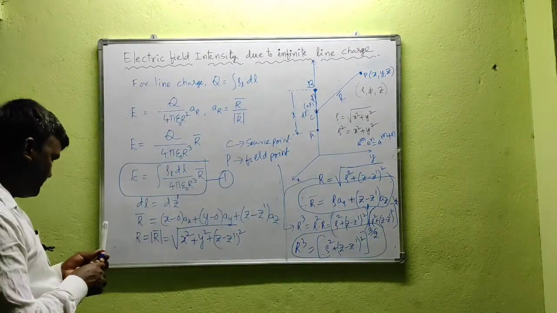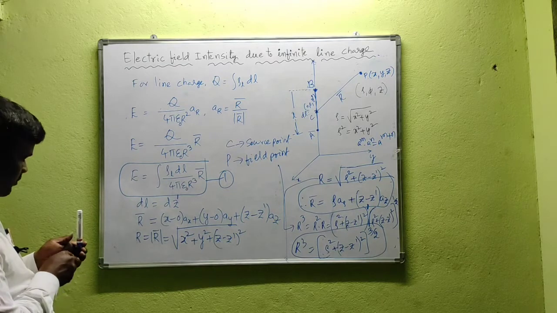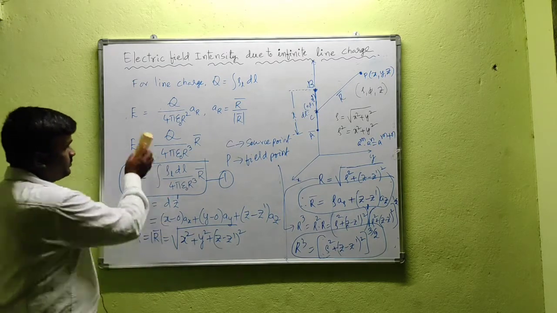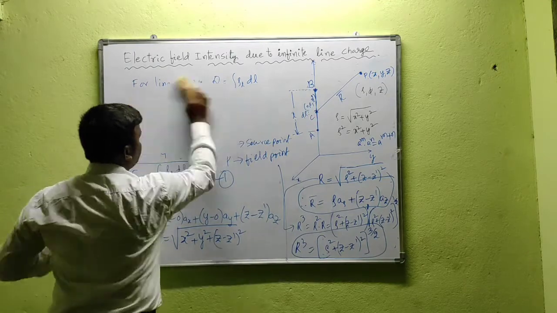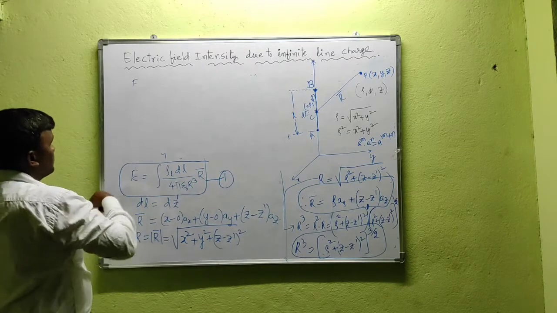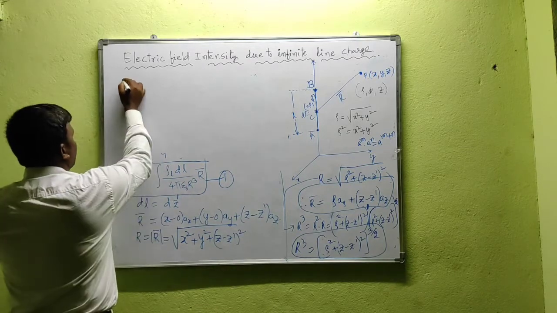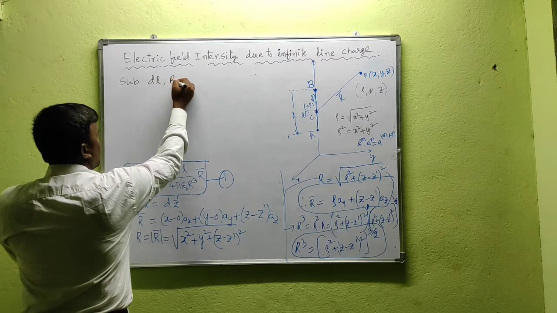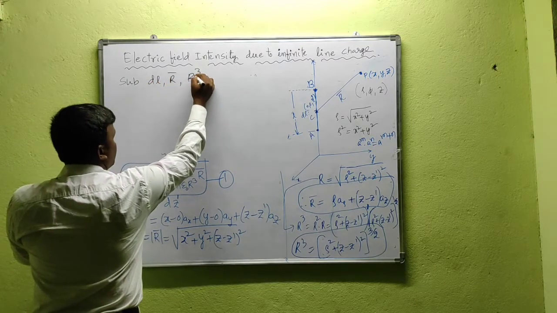Now let us write that part here. Substitute dl, r bar, r cube in equation 1.